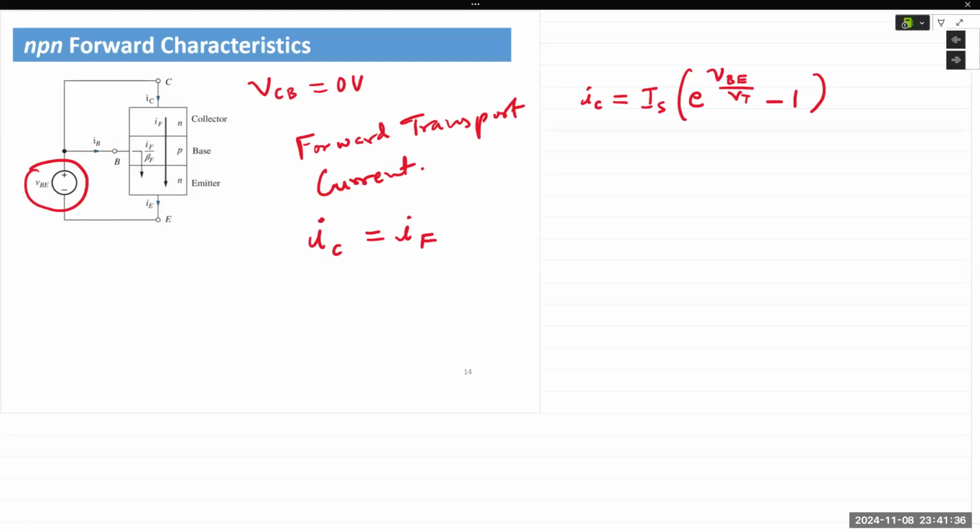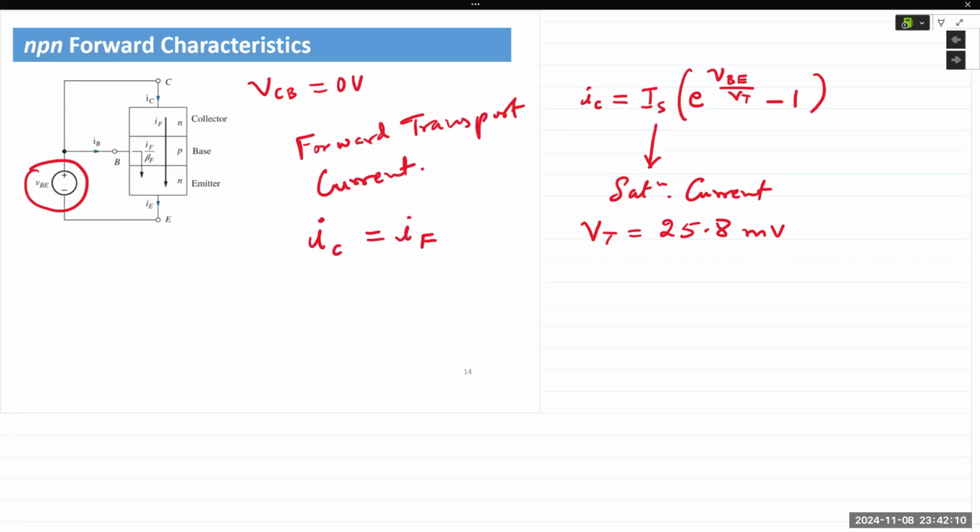Okay. And again, IS is the saturation current for a normal reverse biased PN junction. Saturation current. Okay. And VT, of course, is the thermal voltage. Can take VT as 25 millivolts, 25.8 millivolts.